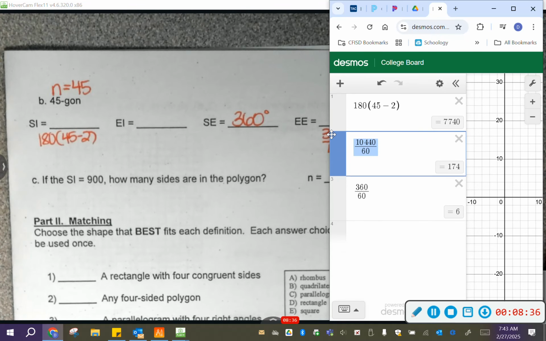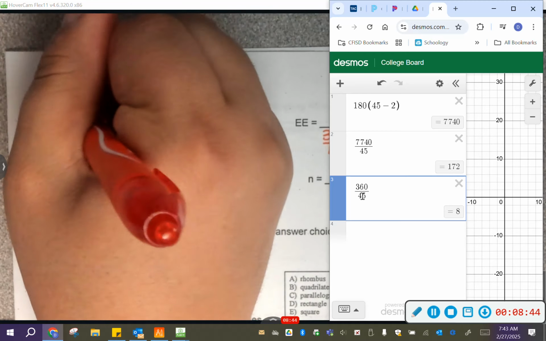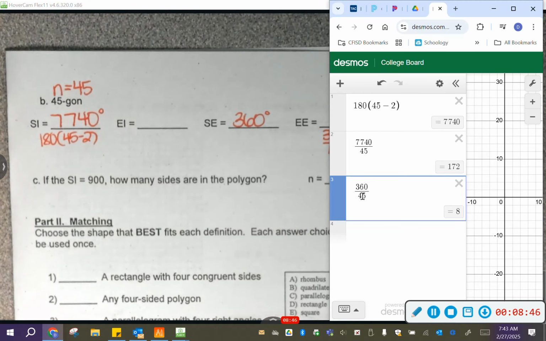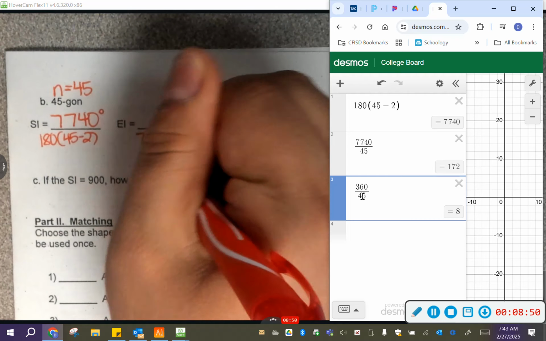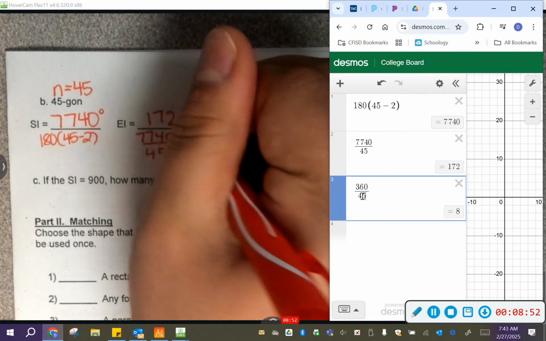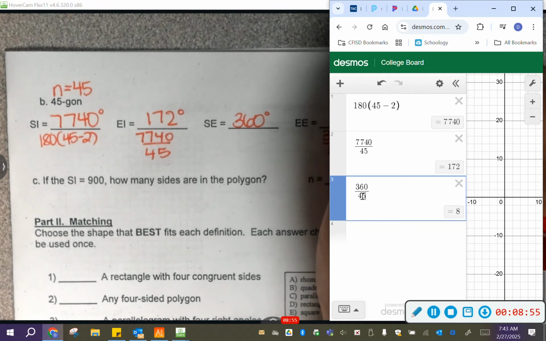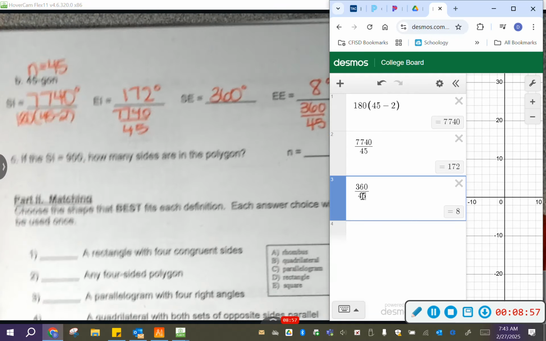Oh, I gotta change that whole thing. 45 and then 45. So I get 7,740 degrees. I get 172 degrees, and I get 8 degrees.